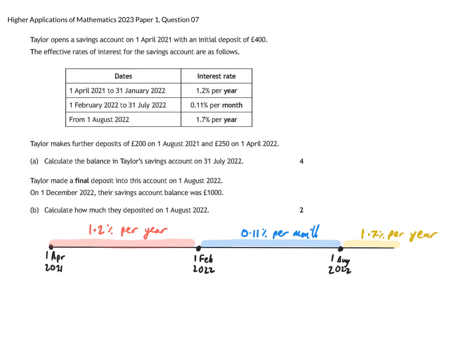I'm now going to add on my timeline when all the payments are made. So the first payment is on the 1st of April, and that's a payment of £400. My next payment is on the 1st of August 2021, and that is a payment of £200.